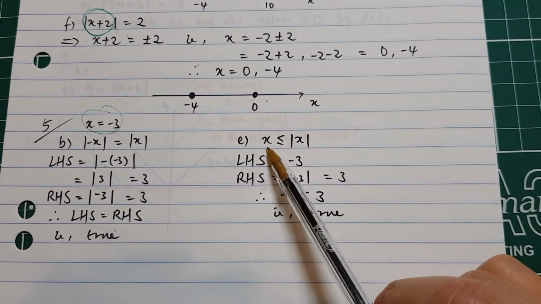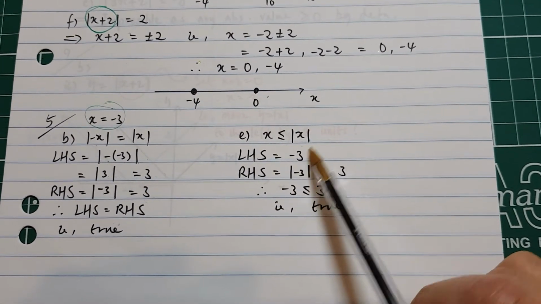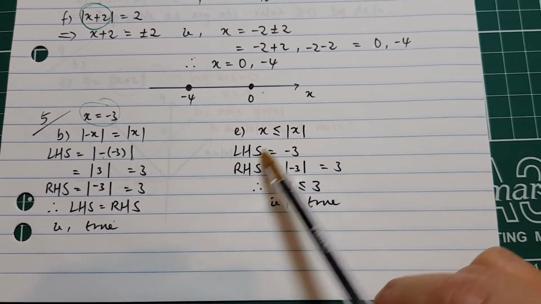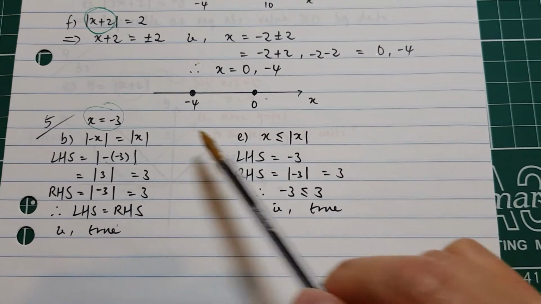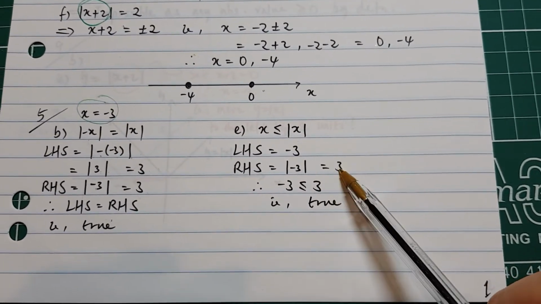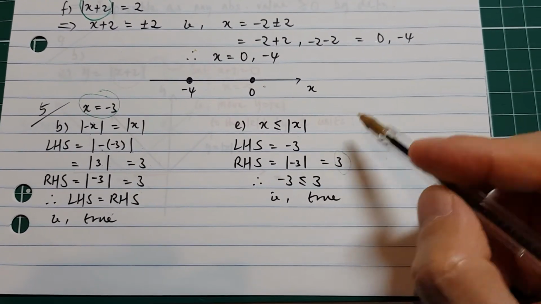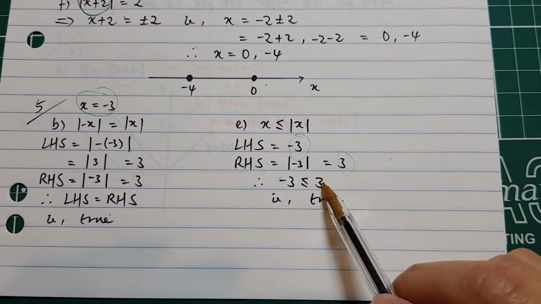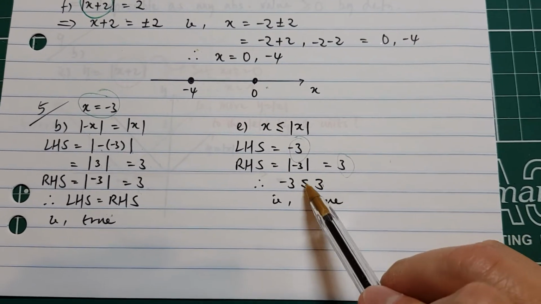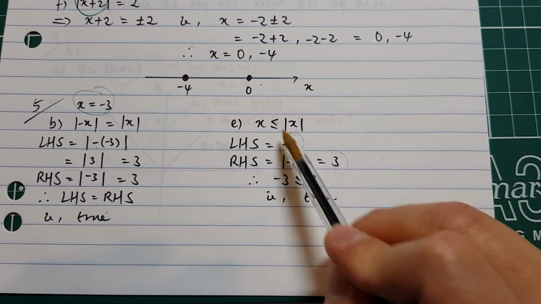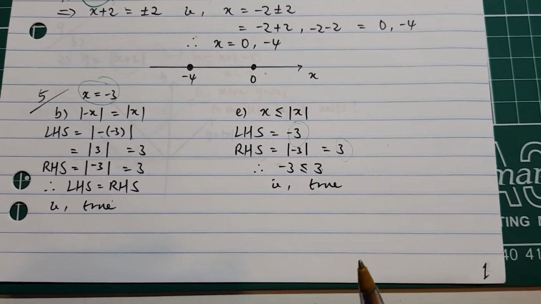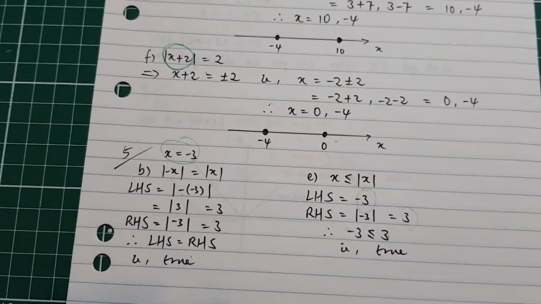Again, the left-hand side is just x, which is minus 3. The right-hand side, the absolute x, which is the absolute value of negative 3, is 3. And we know that the positive is bigger than the negative. Hence, the inequality sign satisfies the relationship. Hence, that is a true statement.